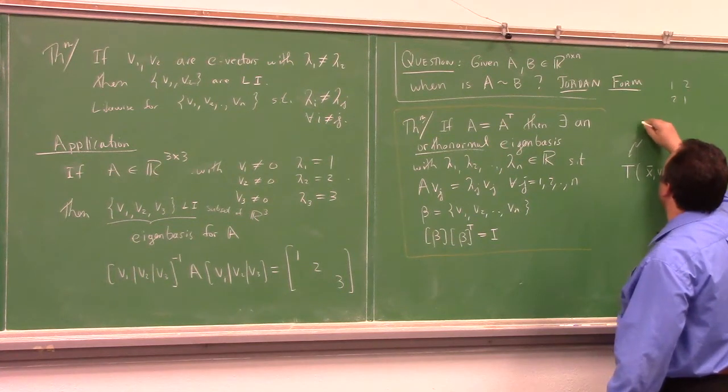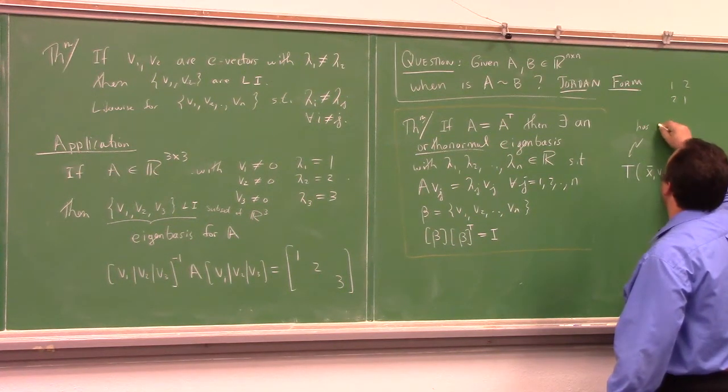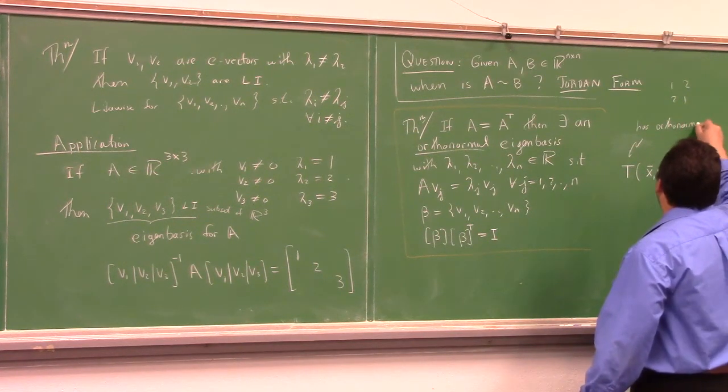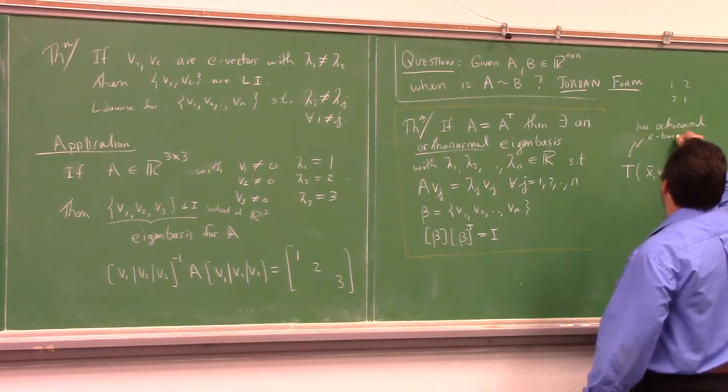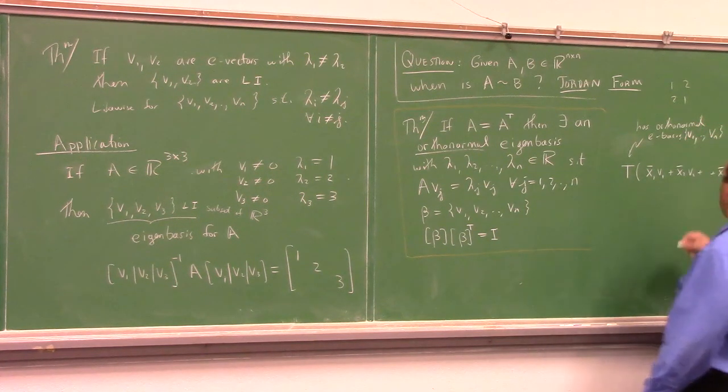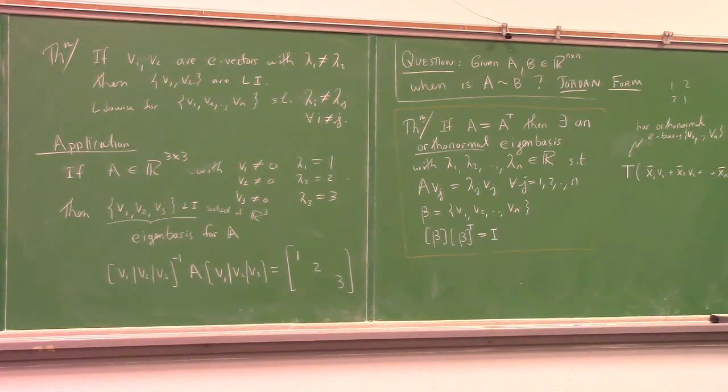Suppose T has orthonormal eigenbasis v1 through vn with eigenvalues lambda 1 through lambda n. What's the formula for T look like?